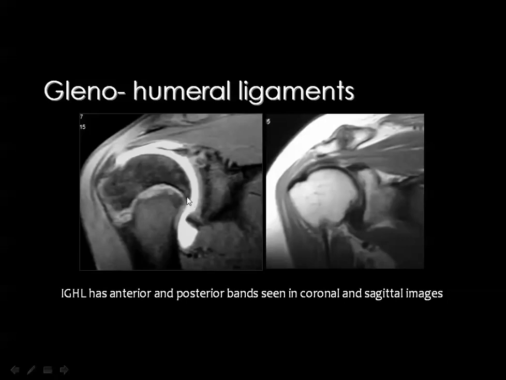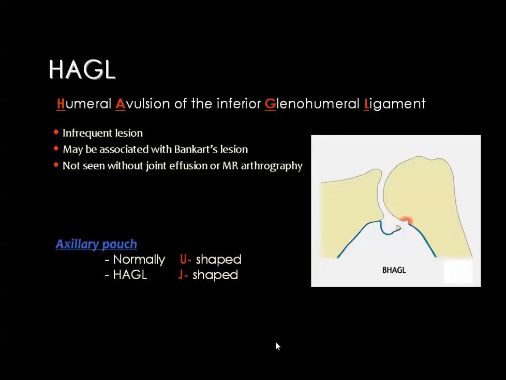But if there is effusion in the joint, or you introduce fluid or contrast within the joint doing an MR arthrogram, then you can distend the axillary pouch and you can see the inferior glenohumeral ligament separable from the inferior labrum.